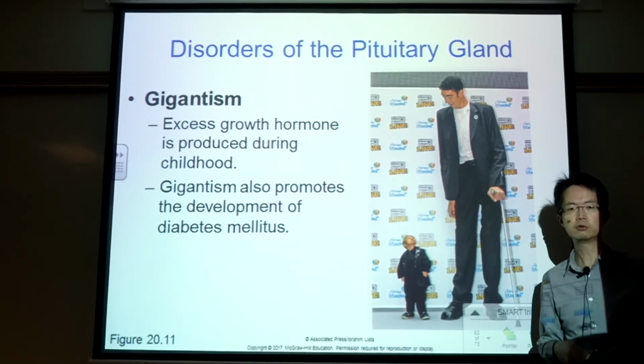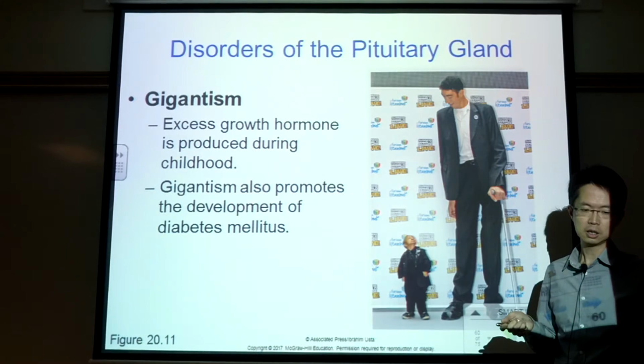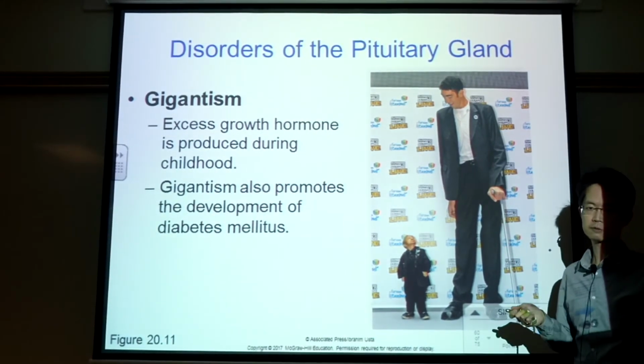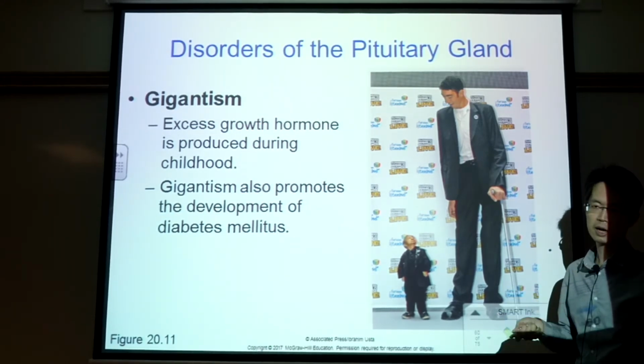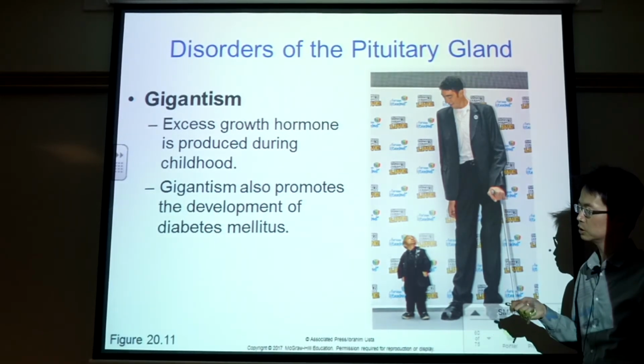On the other hand, if you have a tumor growing in the anterior pituitary, that will stimulate a lot of growth hormone, excess growth hormone secreted by your anterior pituitary because of the tumor stimulation, you will get gigantism.